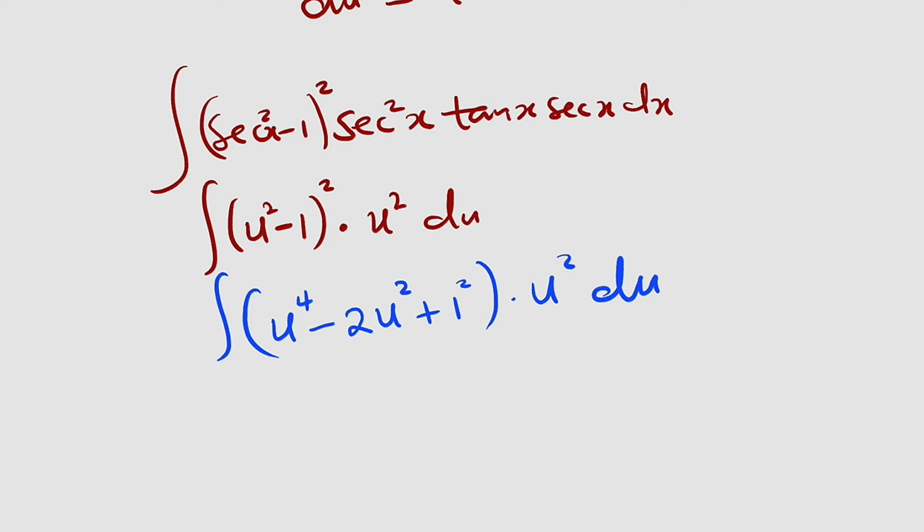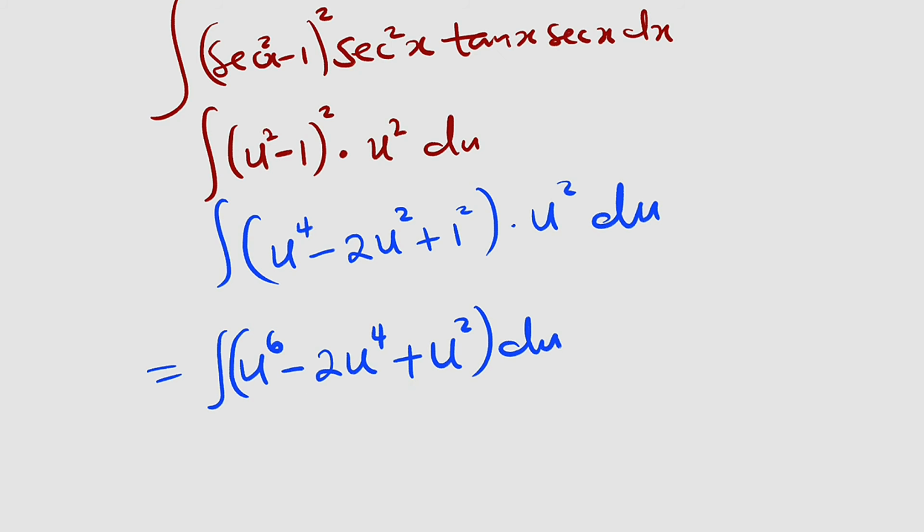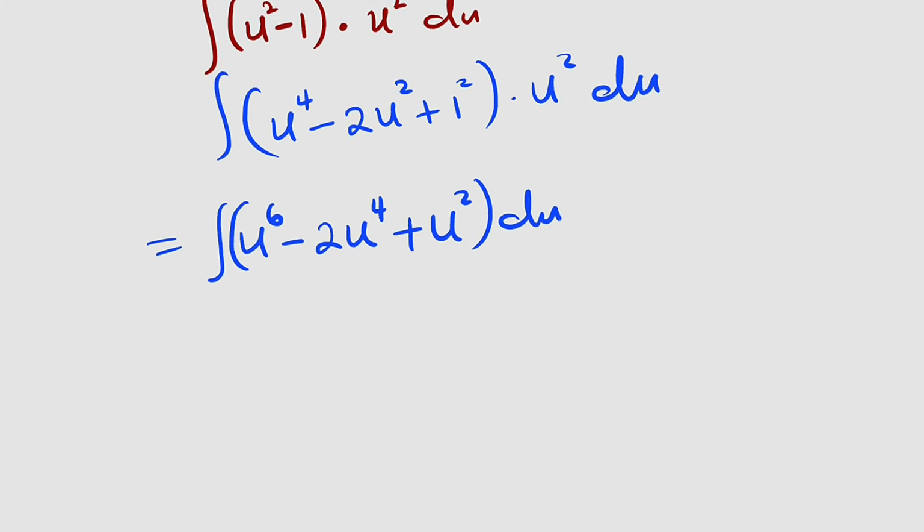If you distribute u squared, you have u to the 4th times u squared is u to the 6th, minus 2 times u squared is 2u to the 4th. Then 1 squared is 1 times u squared is u squared. All of this du.